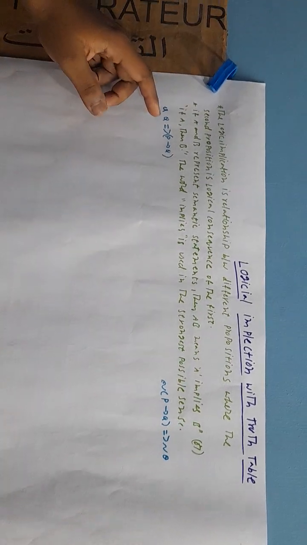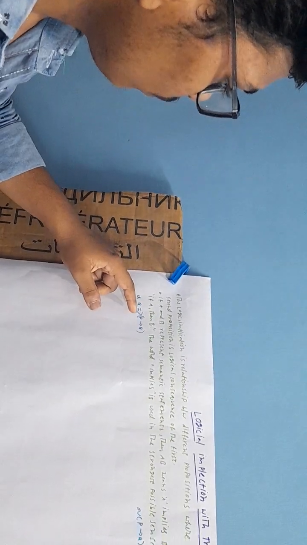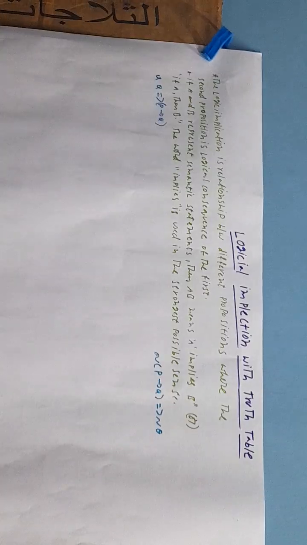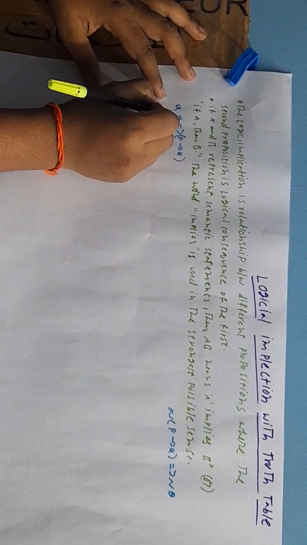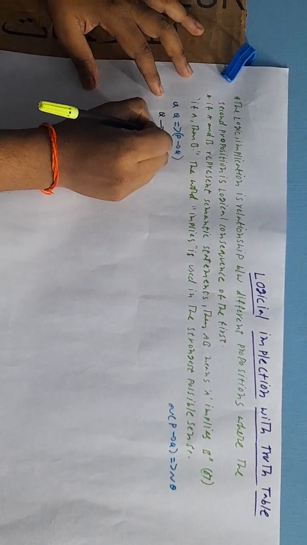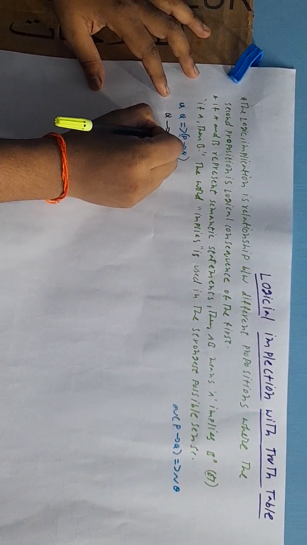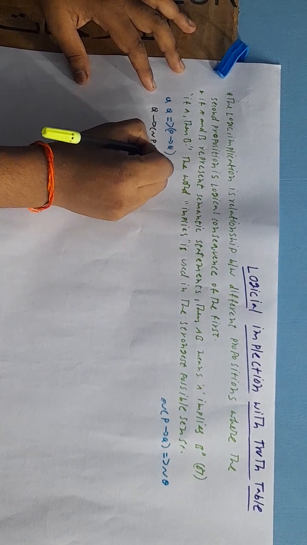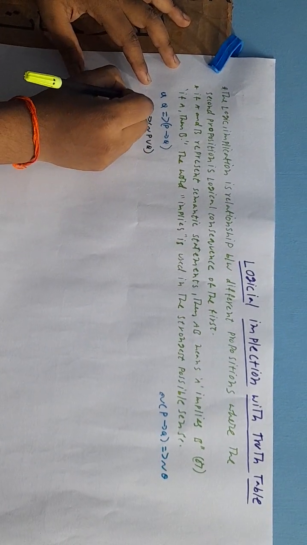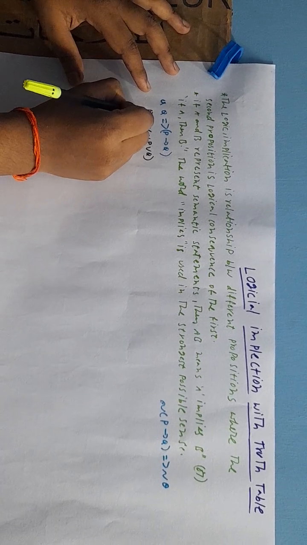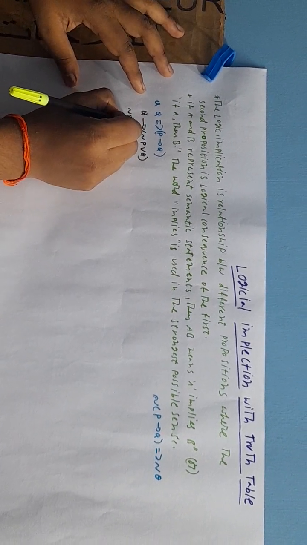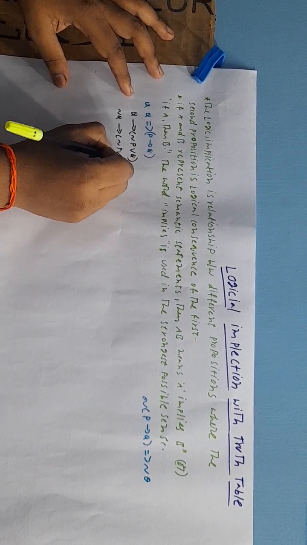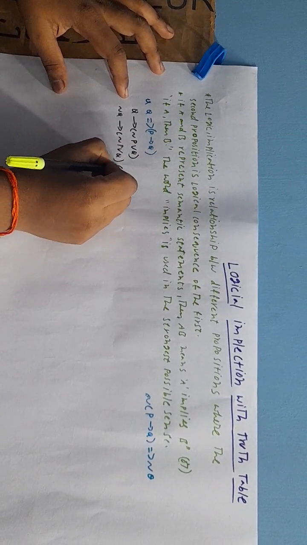Let's take an example. Q implies P or Q. Let us write it. Q implies negation of P or Q. Negation of Q implies negation of P or Q. This is implication.